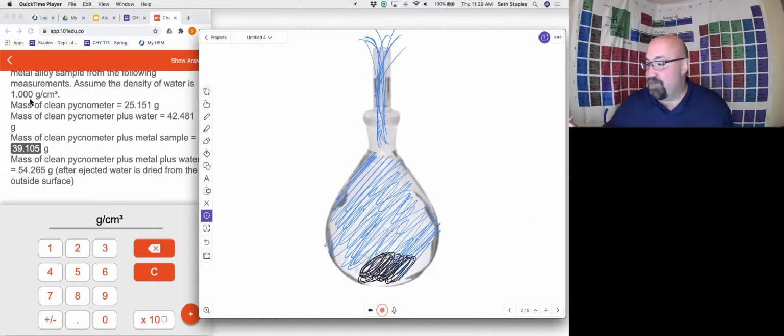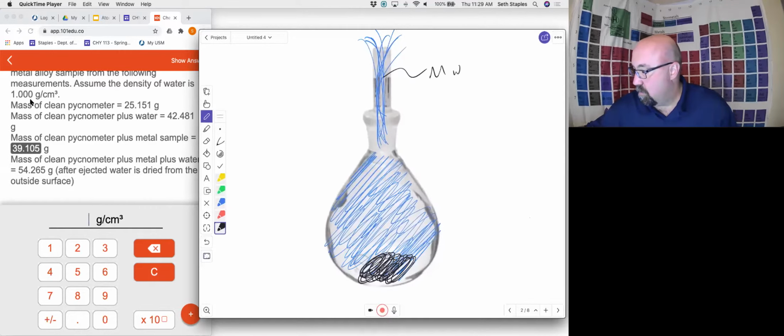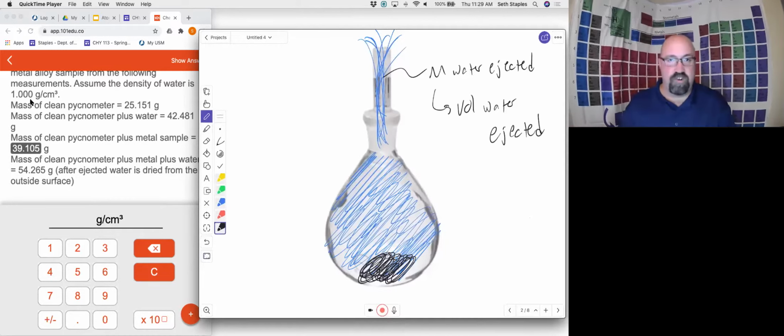That means that if we can find the mass of this water that's ejected here, then we can use the density to equate that to the volume of the water ejected. So that tells us that we need to find the mass of this ejected water. And so again, let's start to take a look at all the information that we're given.